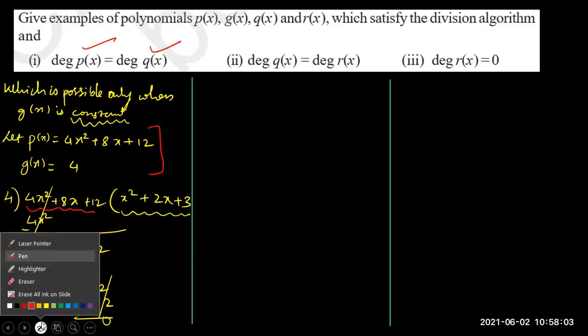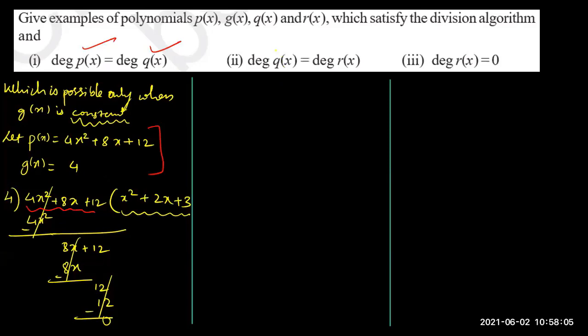Similarly, for the second one, degree of Q of x and R of x should be same. In that case, I'll give the same example and just modify something. Let P of x be 4x square plus 8x plus 15.